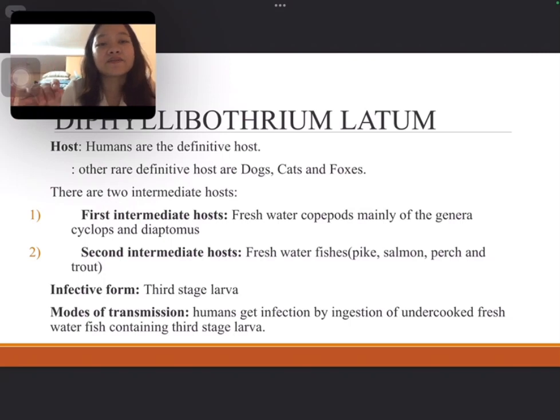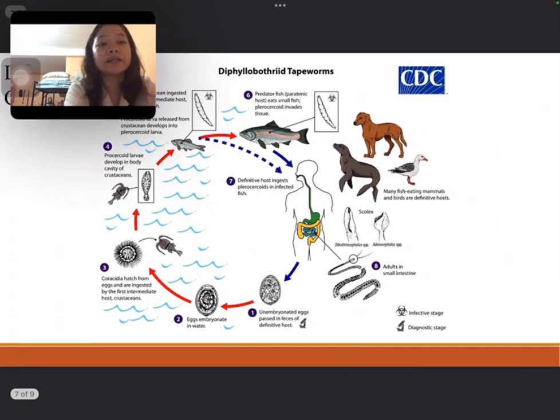Its infective form is the third stage larva, which is plerocercoid. Its mode of transmission is that humans get infection by ingestion of undercooked freshwater fish containing the third stage larva. And this is the life cycle of Diphyllobothrium latum.